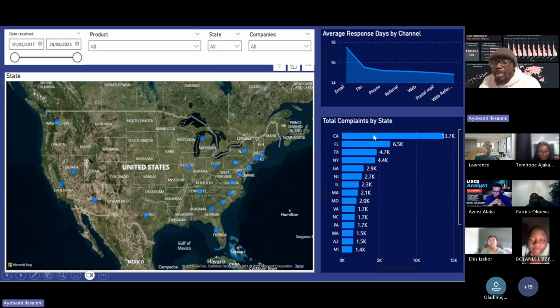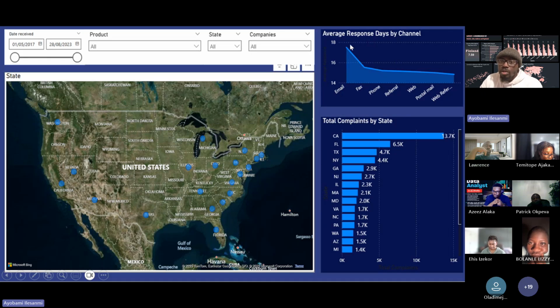This is the total company by states, and we can see that California has the most complaints, which is 13,700. And so we have average response days by channel.